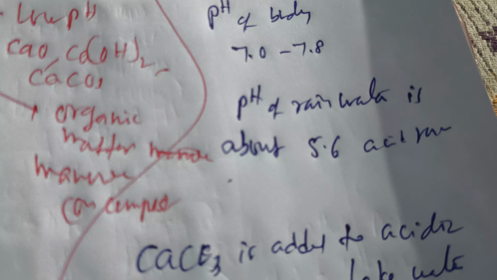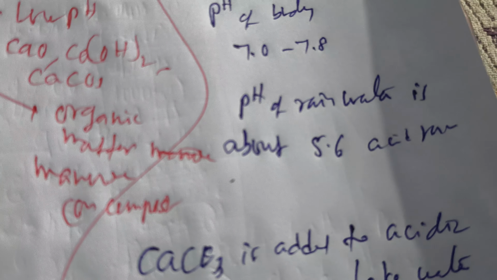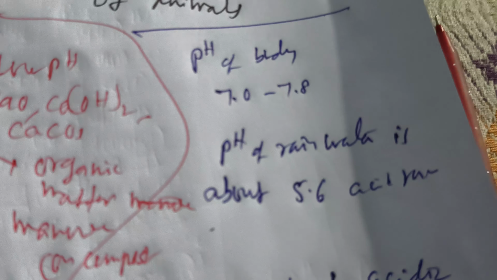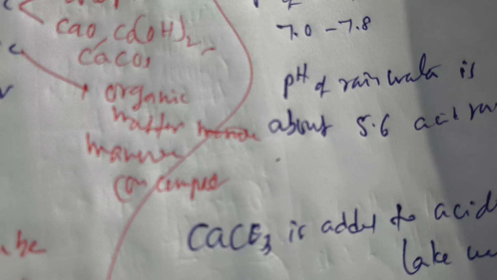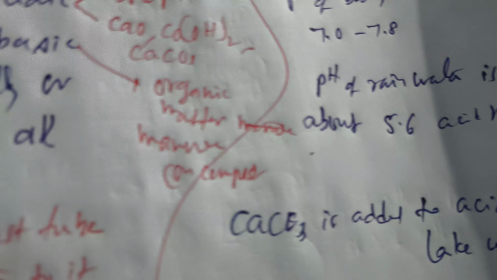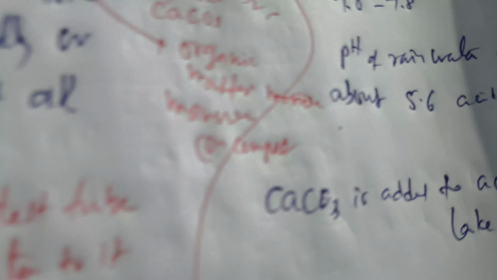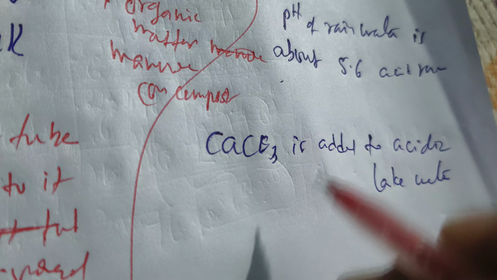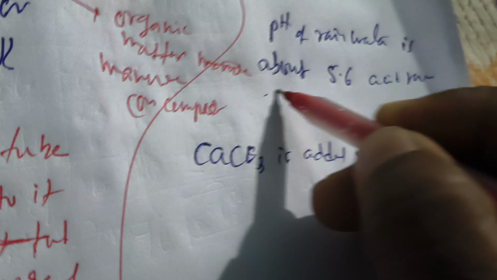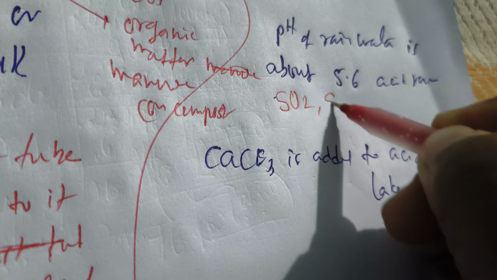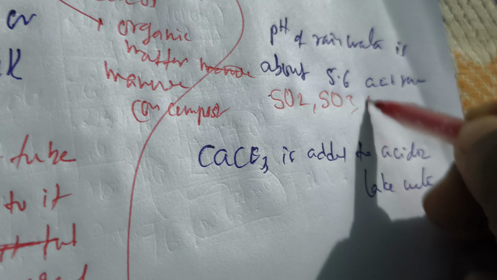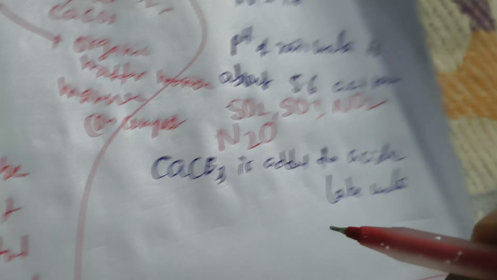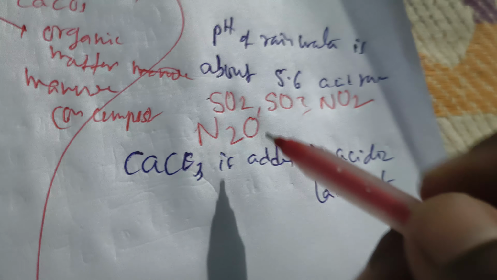In case rainwater gets mixed with acidic non-metal oxides like sulfur dioxide, sulfur trioxide, nitrogen dioxide, or nitrous oxide, what will happen?